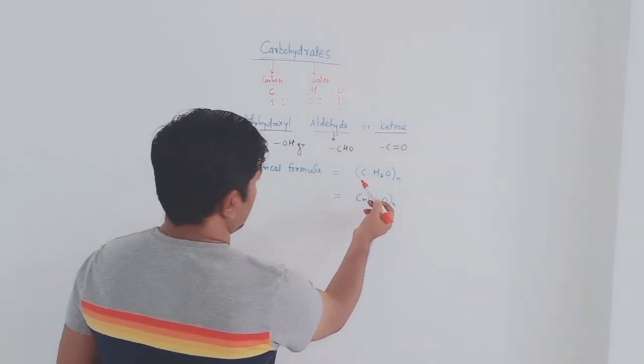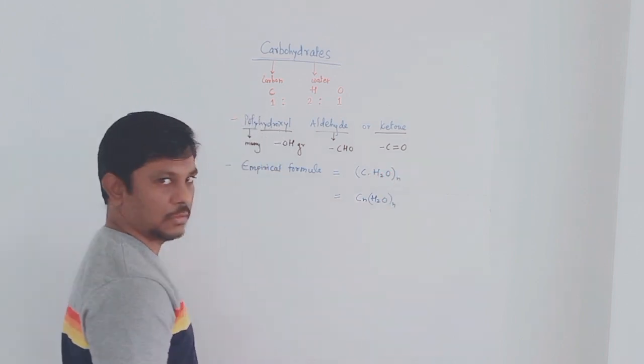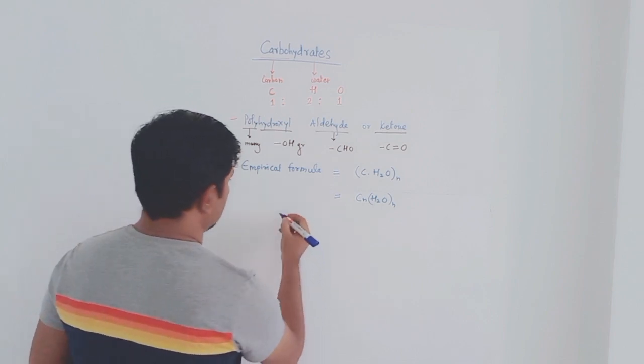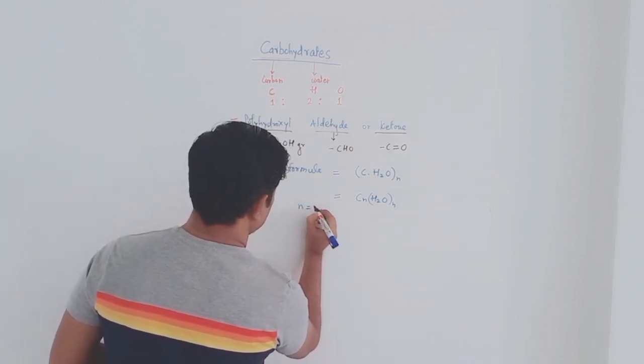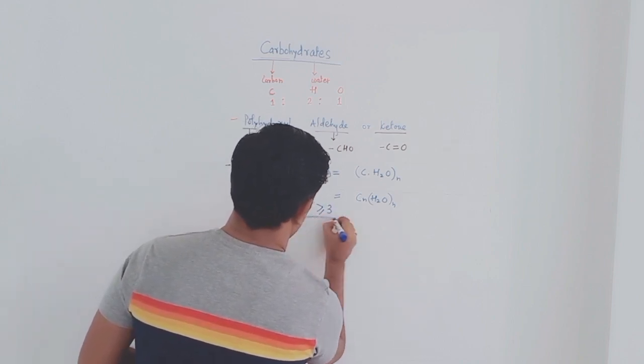Okay, so carbohydrate, as it contains carbon, hydrogen and oxygen, and we multiply that with n number of carbon atoms, where n is greater than or equal to 3.